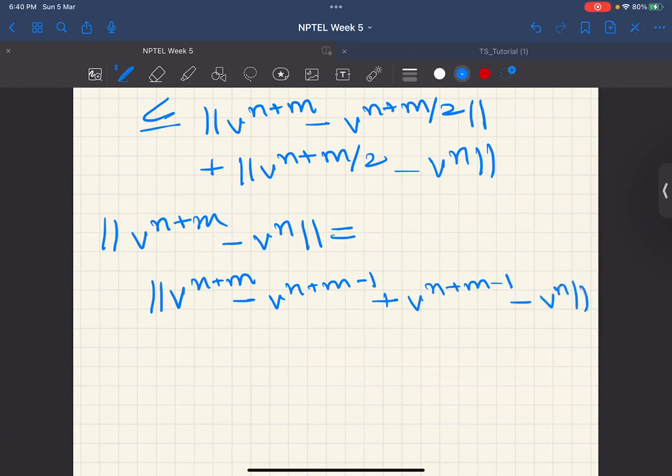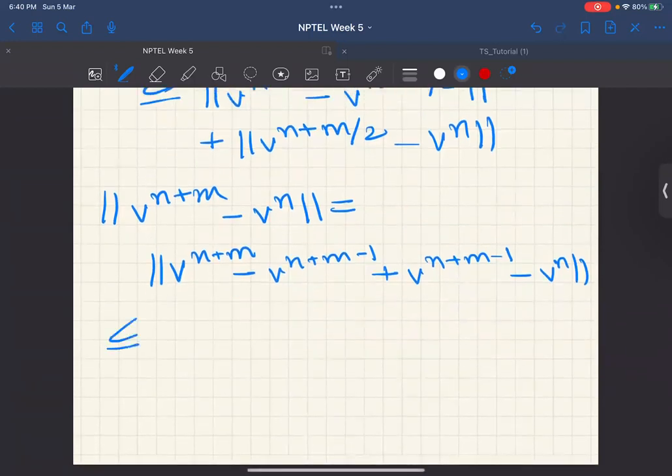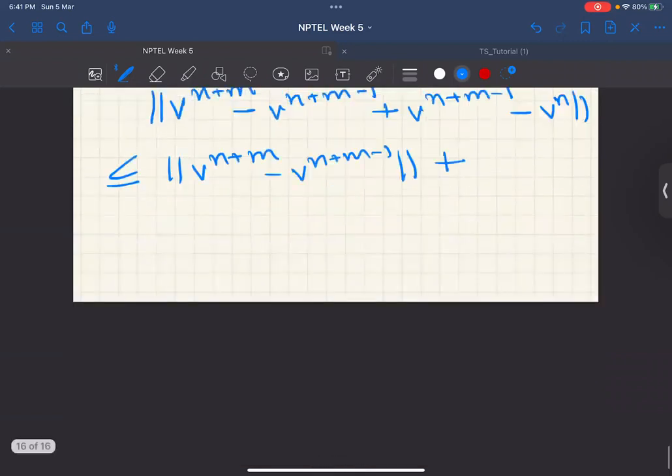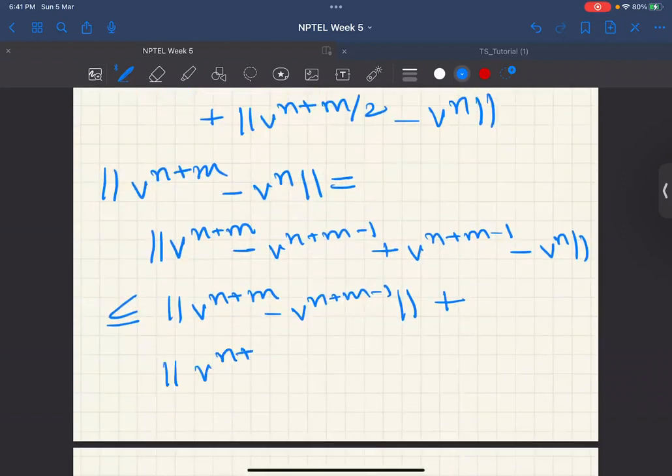Same thing I have written like this. Vn plus m minus Vn plus m minus 1, plus Vn plus m minus 1 minus Vn.